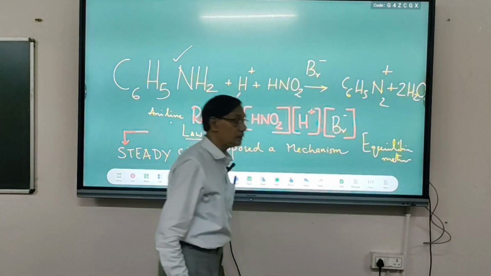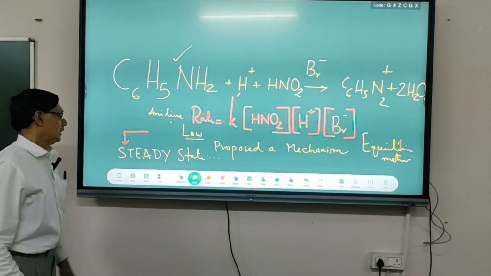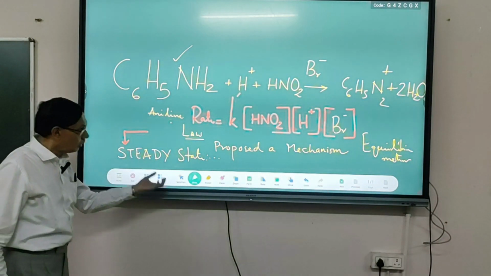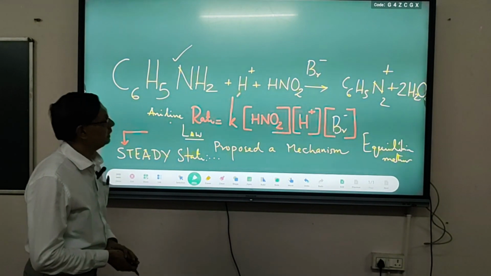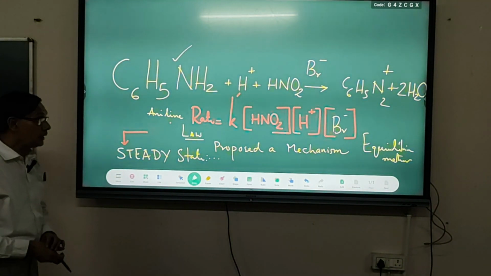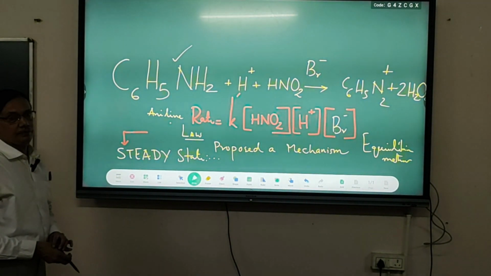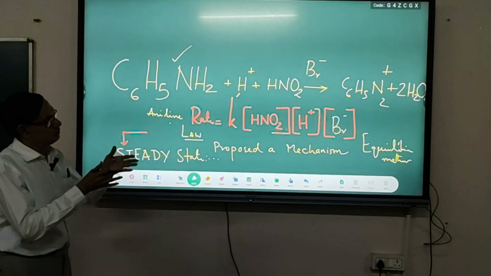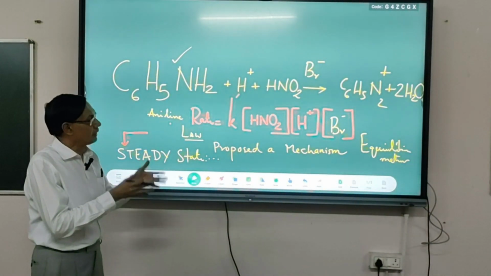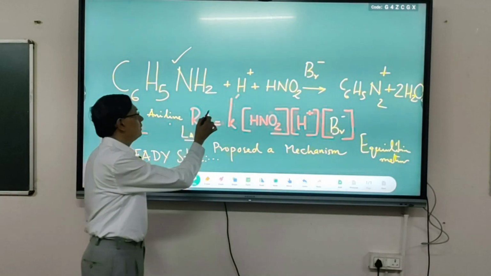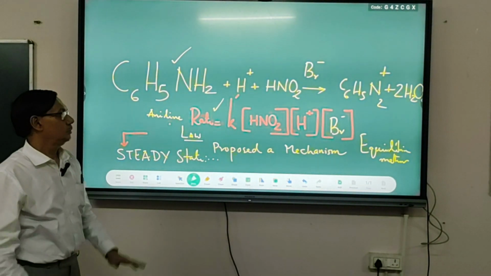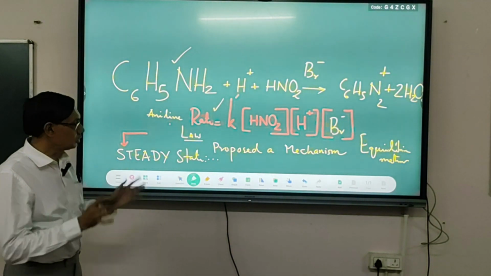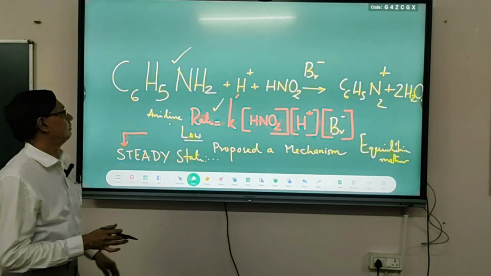Now the first condition of applying the steady state method or equilibrium method is that you have to write the most probable mechanism, and on the basis of this most probable mechanism you can derive the rate laws. So let me write the most probable mechanism.